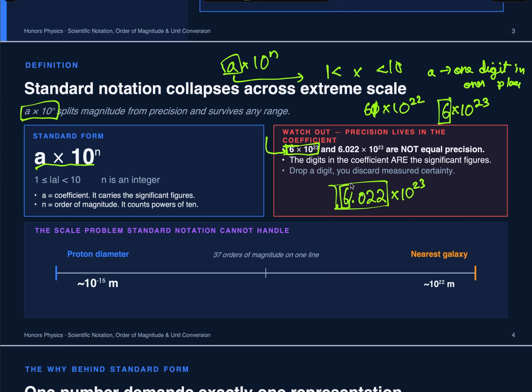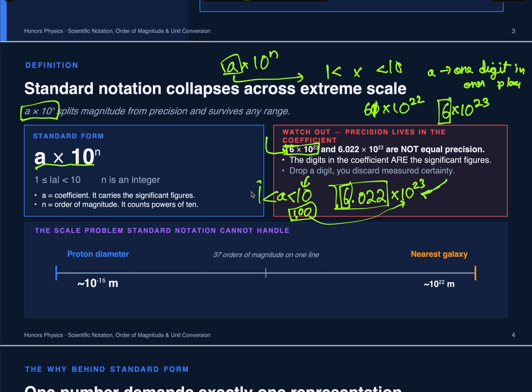This still falls under the constraint of a has to be between 1 and 10. Okay? If it goes above 10, you can see how it becomes like 100, and you can just change the decimal points or add more orders of magnitude to the 10 instead of using different numbers, right? We want to maximize the orders of magnitude for the 10.